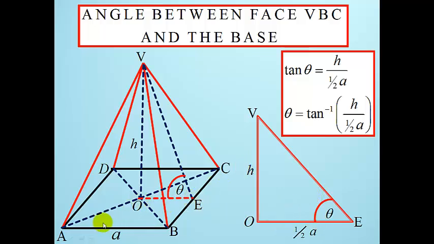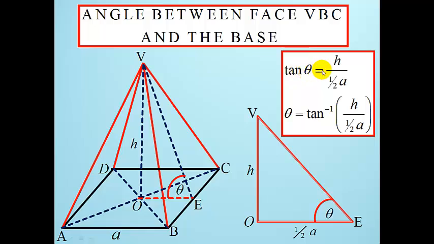What do you mean by that? The distance from A to B is a. Since O is the center of the base, it means that the distance from O to E is half the distance AB. And so OE is half a. Now, when we consider the right angle triangle VOE, we can see that h is opposite to the angle theta and half a is adjacent. So we use the ratio tan theta.